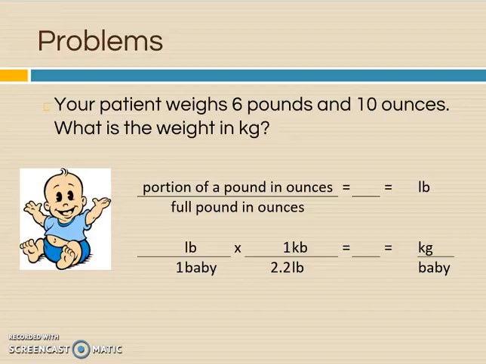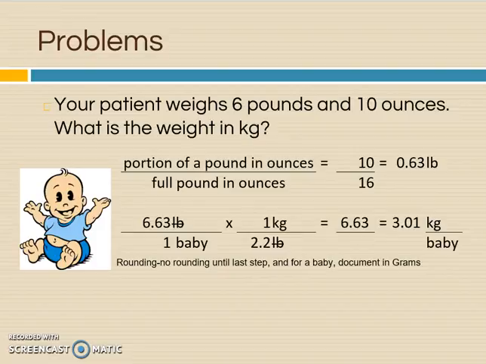And then the rest of the equation is you have the kilograms per baby, and you have your 1 kilogram is 2.2 pounds right here, and then you have however many pounds of baby. So that's how you set up the equation.